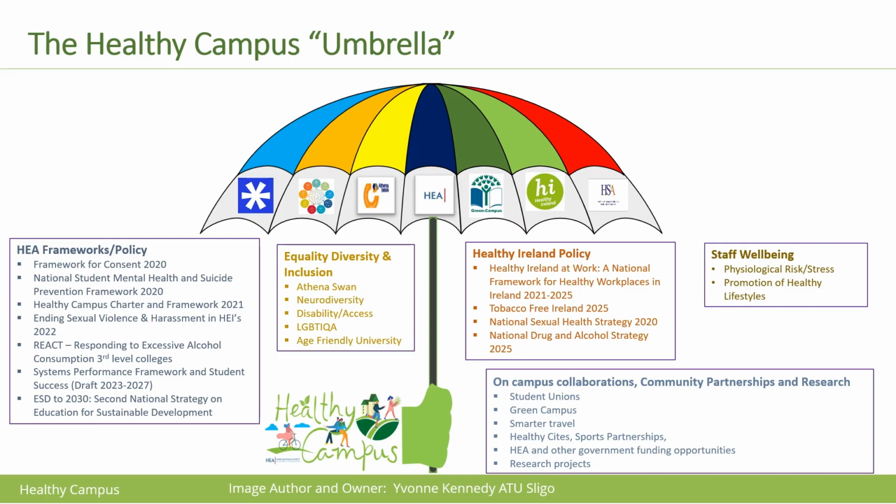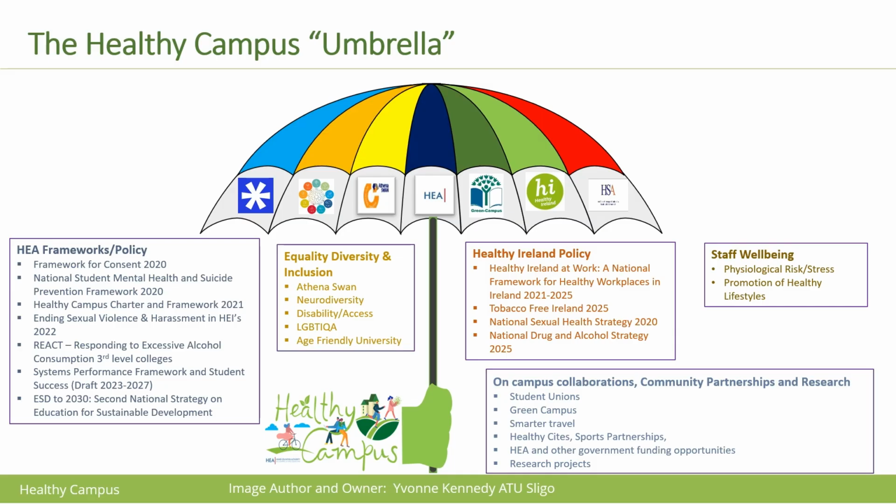A lot of what we're doing under equality and diversity is also captured under the Healthy Campus umbrella. A lot of the Healthy Ireland policy, like Tobacco Free Ireland, the National Sexual Health Strategy, the Drug and Alcohol Strategy, they all fall under the Healthy Campus umbrella, and they all apply to our colleges.